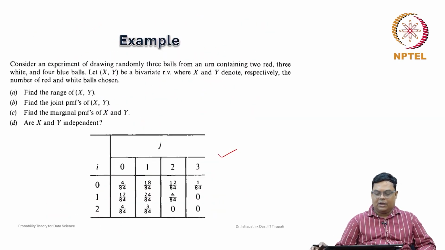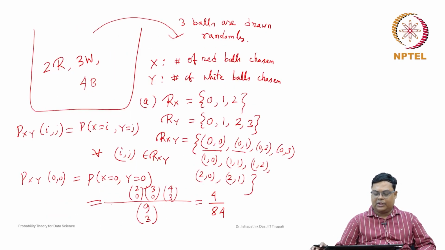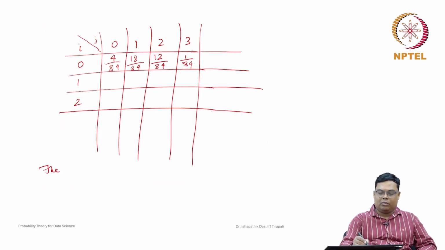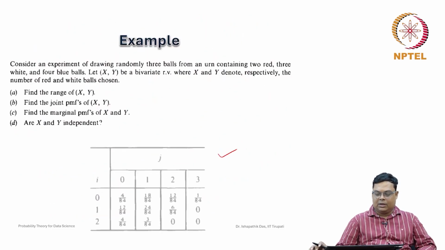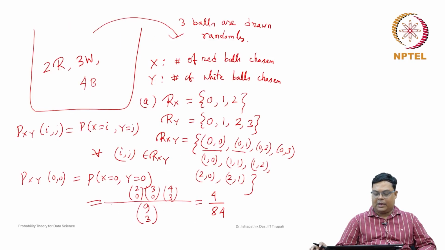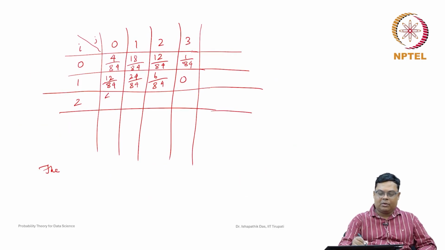The next line is 12 by 84, 24 by 84, 6 by 84, 12 by 84, 24 by 84, then 6 by 84, this is not possible. The next line, you can check whether these are correct: 4 by 84, 3 by 84, 4 by 84, 3 by 84, this is 0, this is 0.